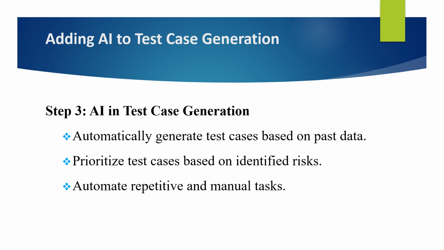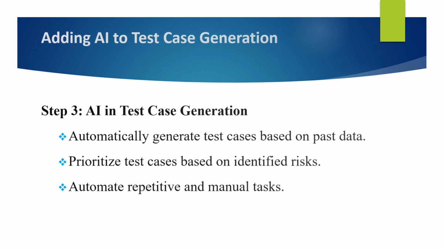AI can also prioritize test cases. How does it do that? By evaluating the risk factors associated with different modules in your application. High risk areas are prioritized for testing, while lower risk areas are left for later. This not only saves time, but also ensures your most critical features are tested first.